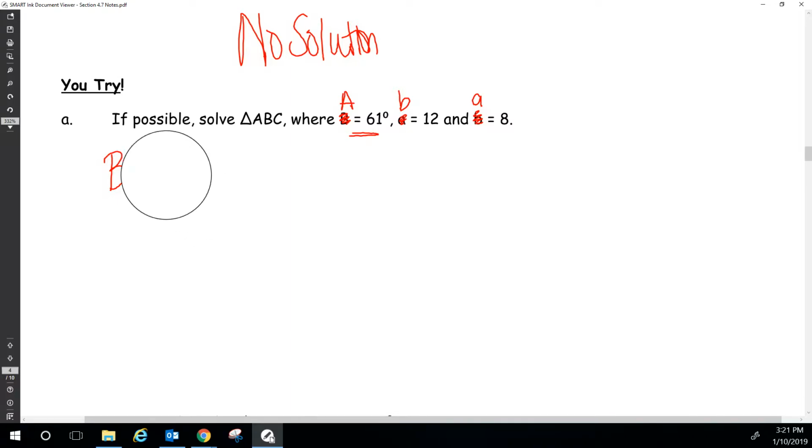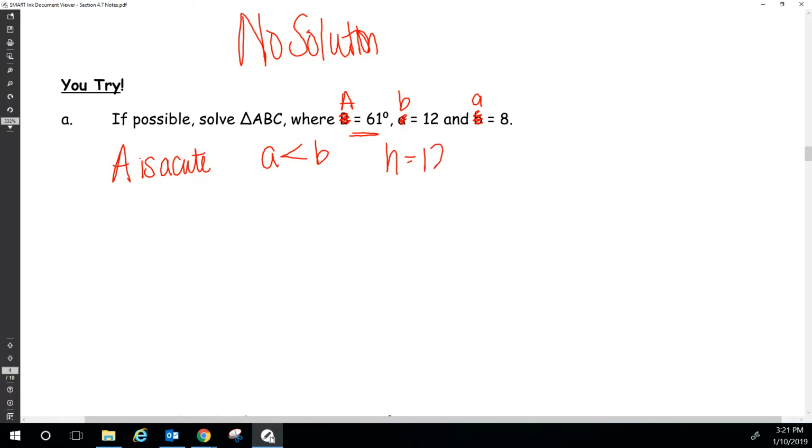So when you do that, my angle that they gave me is still acute. It's 61 degrees. So then I've got to check, is A bigger or smaller than B? A is less than B because 8 is less than 12. Since A is less than B, now we have to go find our height. Remember, I said our height is always the side that's not opposite of the big angle.